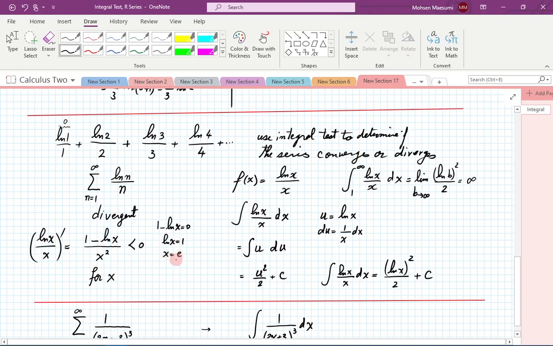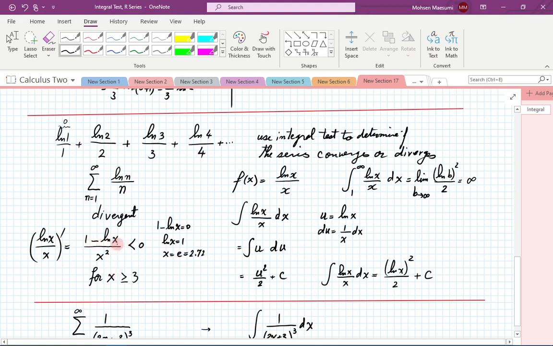Up to e, this numerator is positive. After that, it's going to become negative. Remember, e is 2.7 and so on.